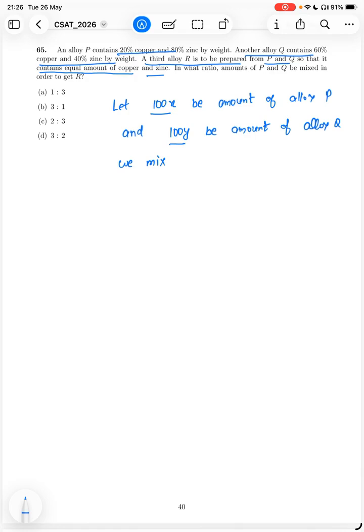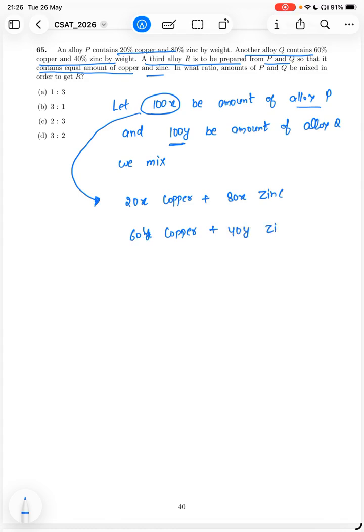Because if you are using 100x amount of alloy P, you will have 20x copper plus 80x zinc. Also, if you use 100y amount of alloy Q, you will have 60y copper and 40y zinc.